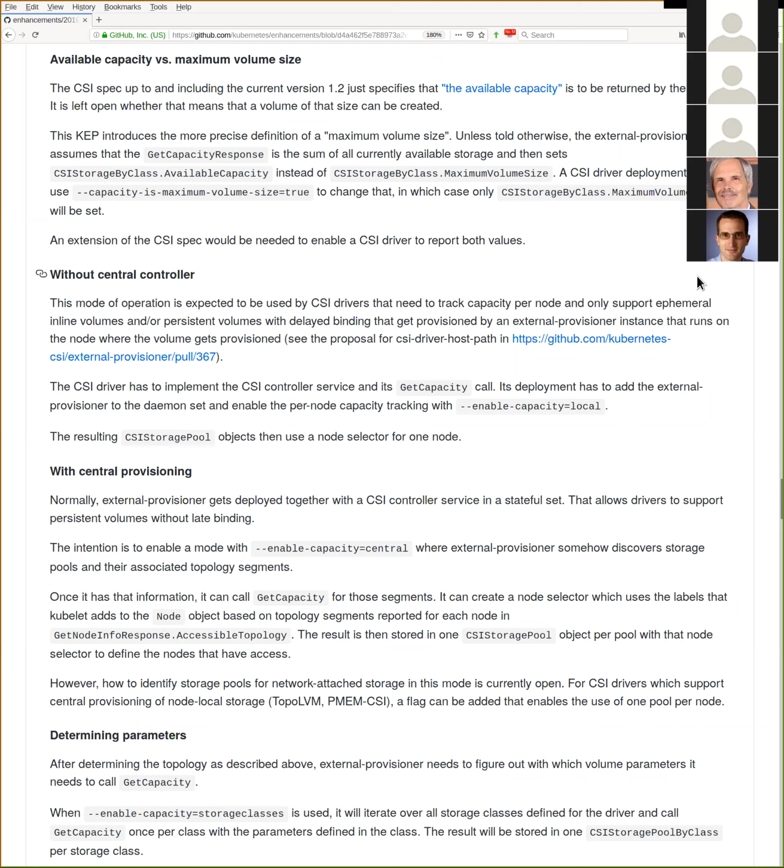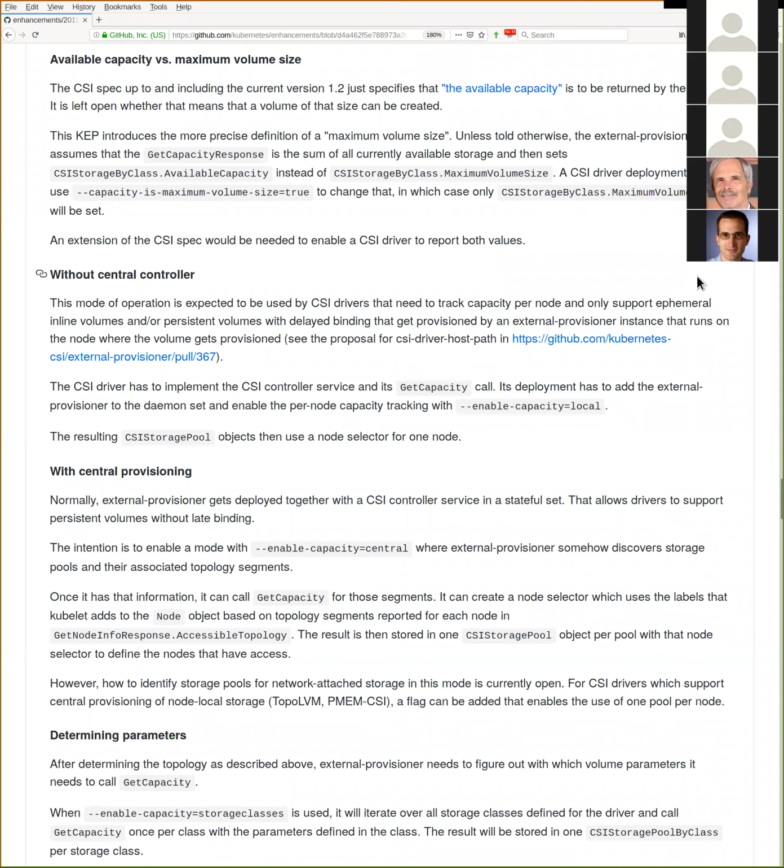Yeah, I hate to bring up more gaps, but let me point out that the other issue that I currently still see with this cap here is inline volumes. Because the way they are currently handled, the initial idea that I had was that if we just add a size parameter to the inline volume spec, then we can use the information that comes from this cap here with storage pools if we allow for the special case that the inline volume doesn't have a storage class, for example.